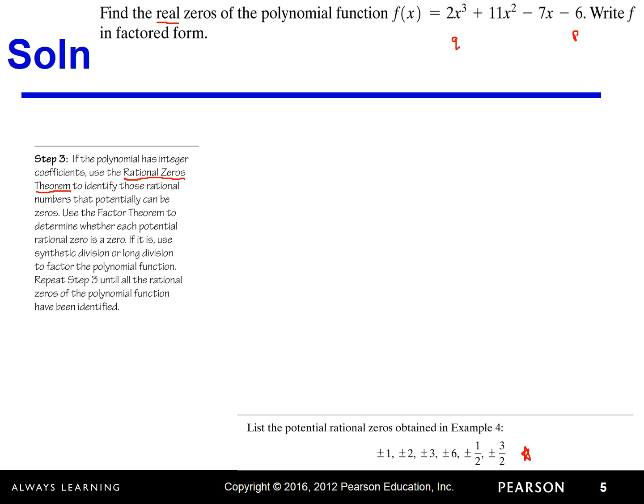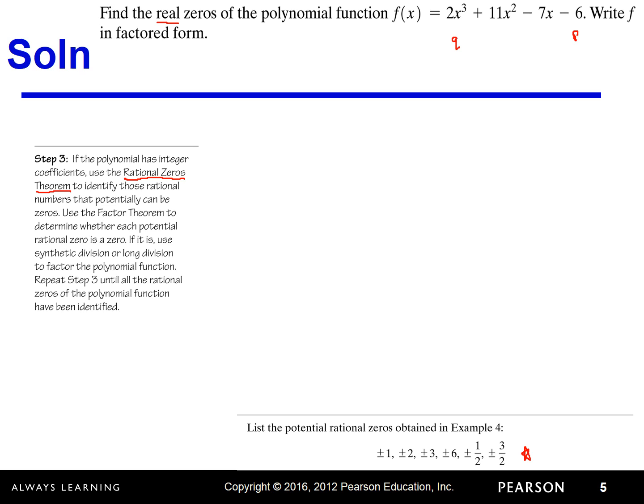Use the factor theorem to determine whether each potential rational zero is a zero, actually. Not just potentially, but actually. If it is, use synthetic division or long division to factor the polynomial function. Repeat step 3 until all rational zeros of a polynomial function have been identified.